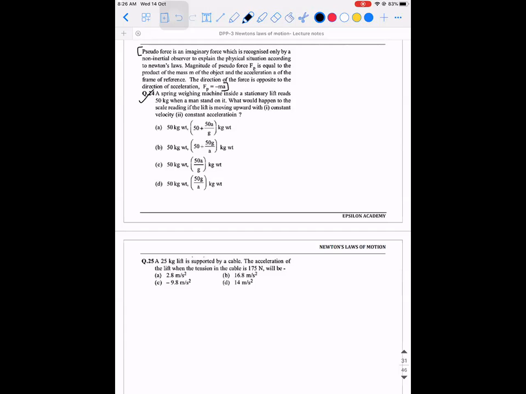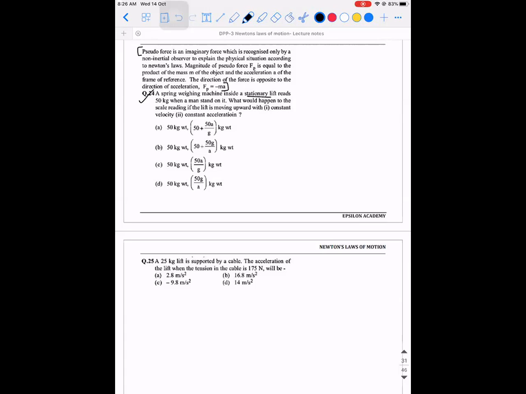All are one steps only. There is a spring weighing machine inside a stationary lift. Reads 50 kilograms. Stationary inertial frame. When a man standing on it, what would happen to the scale reading? The lift is moving upward with a constant velocity. So when it is moving upward with a constant velocity, the weight is going to remain the same.